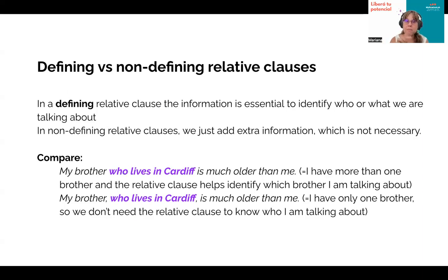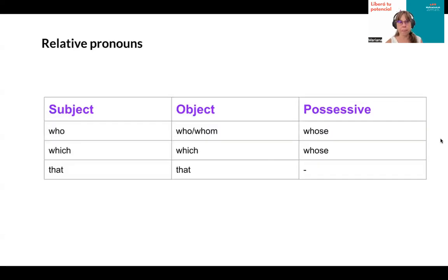Now, if I say my brother, who lives in Cardiff, as a non-defining, it's because you have only one brother and it's extra. We don't need to specify where he lives because as you have only one, everybody probably knows where your brother lives. Okay? So here you can see much more clearly the difference between them.